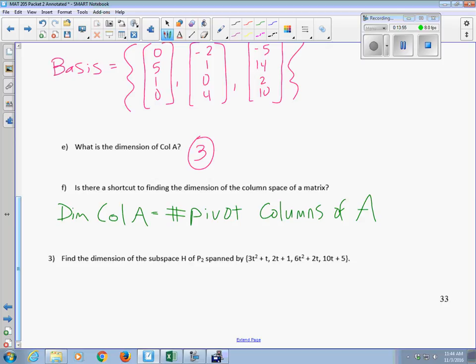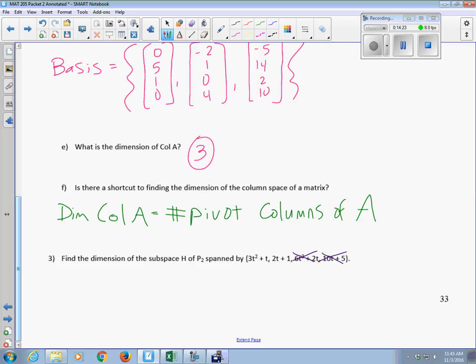So I'm going to get rid of 6t squared plus 2t. 2t plus 1 and 10t plus 5, those are multiples of each other. If you take 2t plus 1 and multiply by 5, you get 10t plus 5. So I don't need the second guy. It's redundant. Now the 2 that remain, is one a multiple of the other? No. So now I have a linearly independent spanning set, making it a basis.